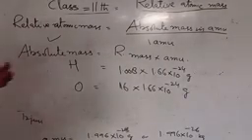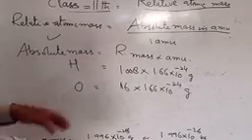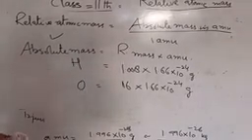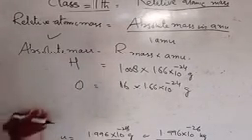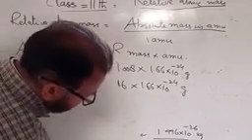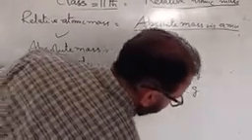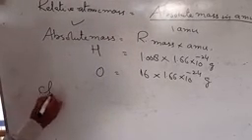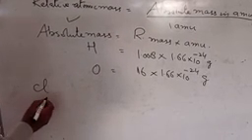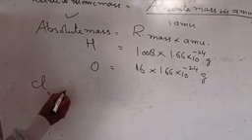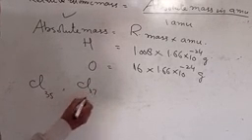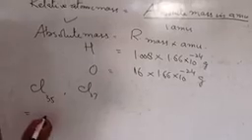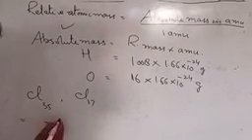Now these values like 1.008 or 16 are the average masses. Why do we take the average? Because we take the fractional abundance into account. For example, chlorine consists of 2 isotopes, chlorine-35 and chlorine-37. The ratio is 3:1.